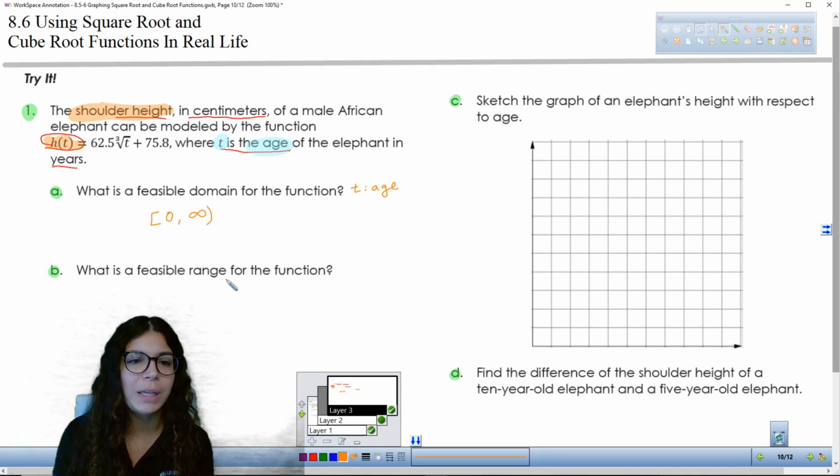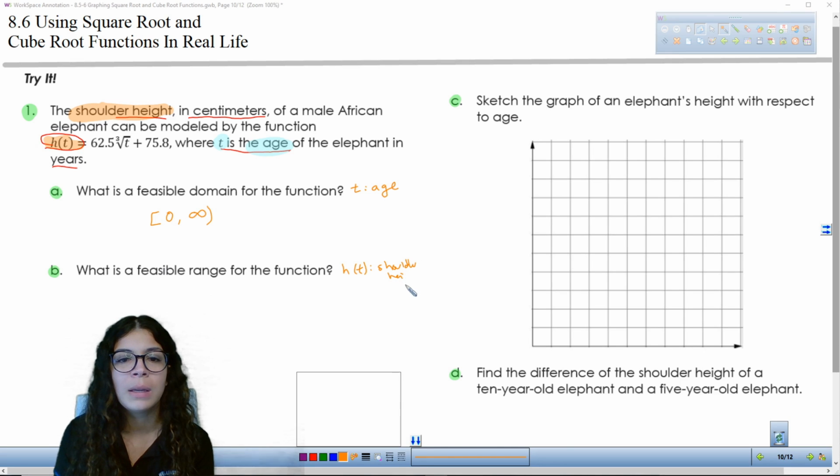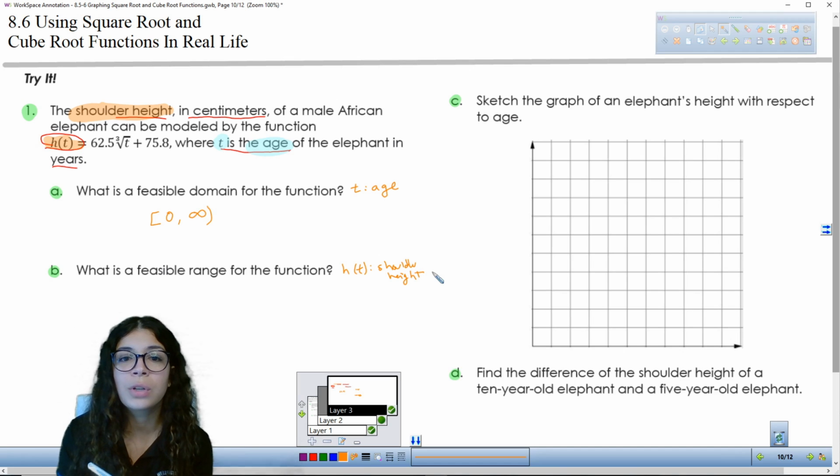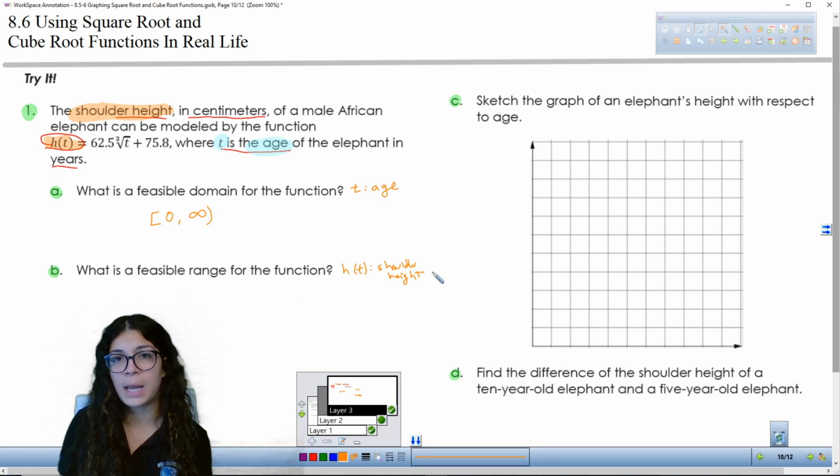Now, what about the range, right? For the range, we're looking at the possible Y values, right? The possible h of t values. And that is the shoulder height. Now again, with shoulder height for an elephant, that can't be negative.